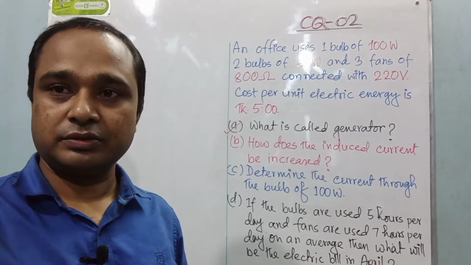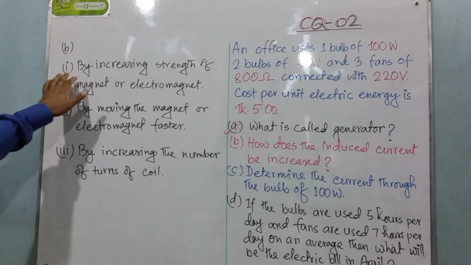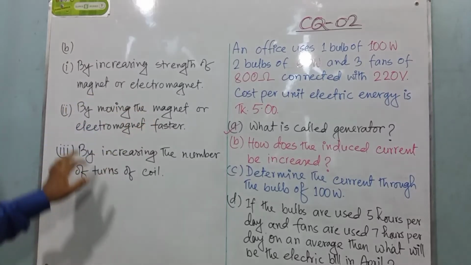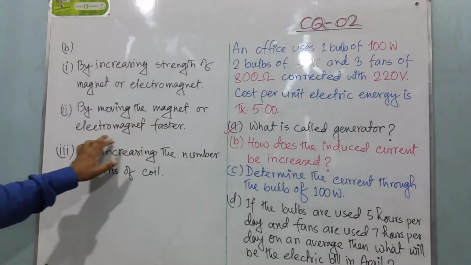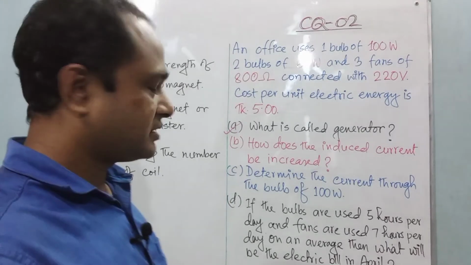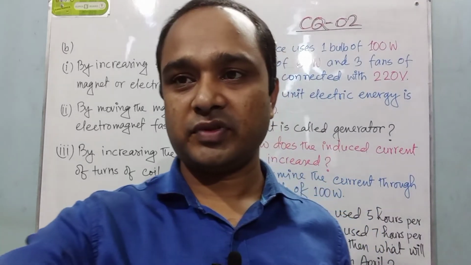So the ways to increase the induced current are by increasing the strength of the magnet or electromagnet, by moving the magnet or electromagnet faster, and by increasing the number of turns in the coil. These are the ways by which we can increase the induced current, right?